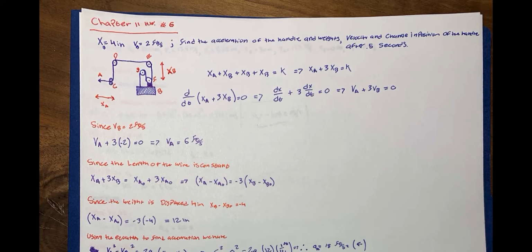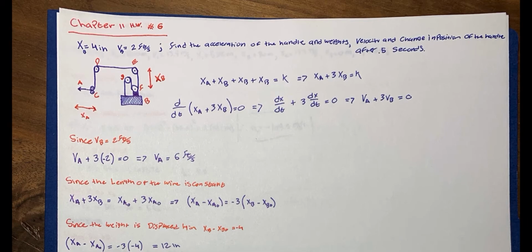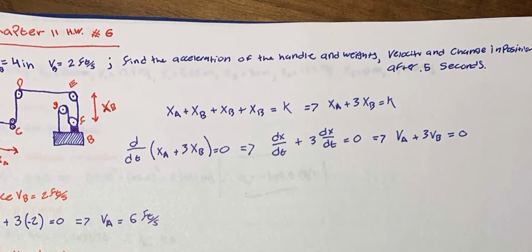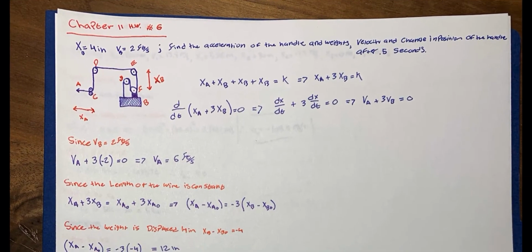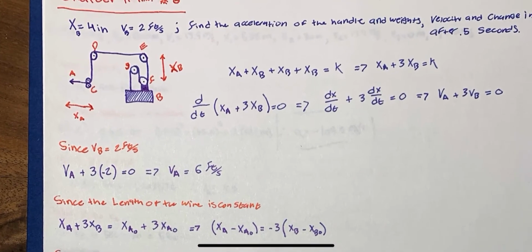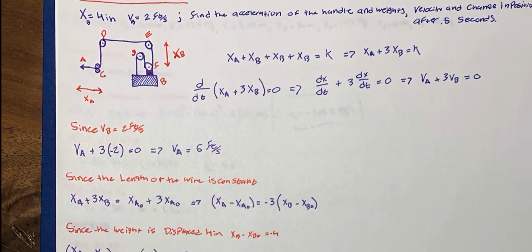All right, so for the pulley problem, we want to model the length of the string here. You can model that with this equation here. And then since VB is going 2 feet per second, we can just plug in 2 feet per second and then realize that VA is equal to 6 feet per second.